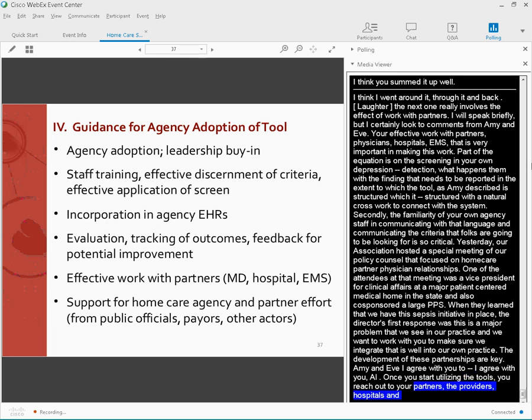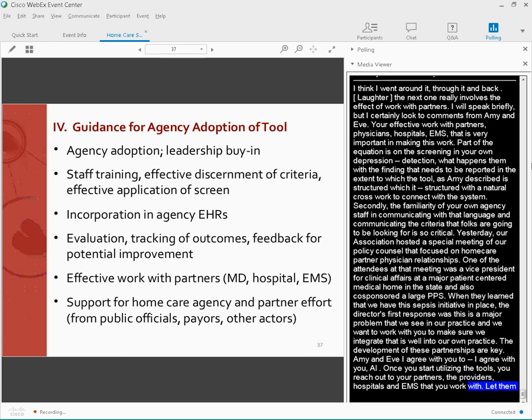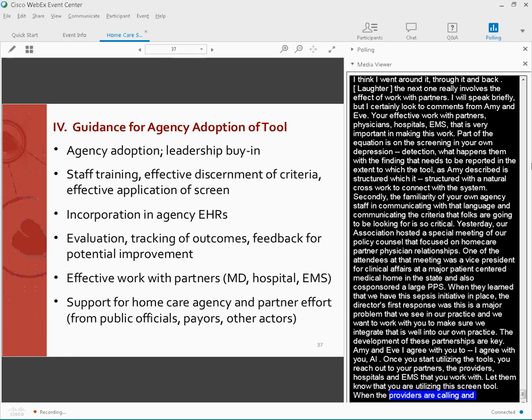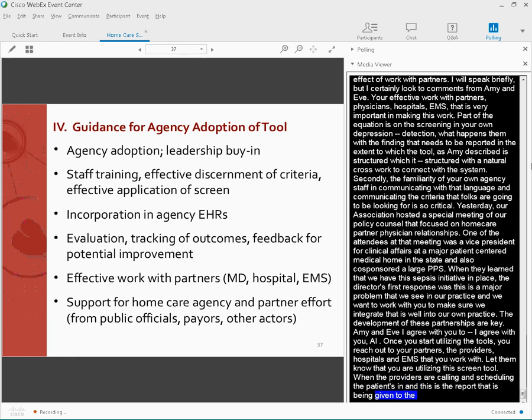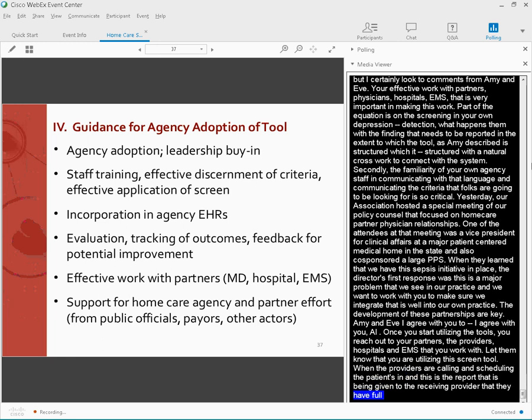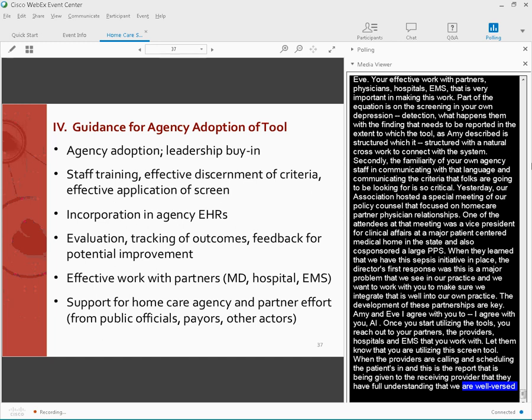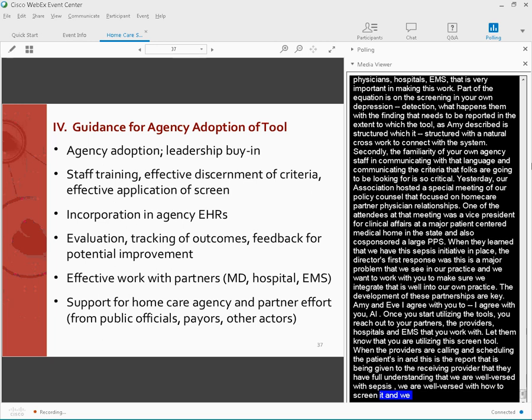So when the clinicians are calling and sending patients in, and this is the report being given to the receiving providers, they have a full understanding that we are well-versed with sepsis and with how to screen for it, and we are calling you with criteria that meet sepsis criteria, and that this patient's care needs to be expedited quickly.